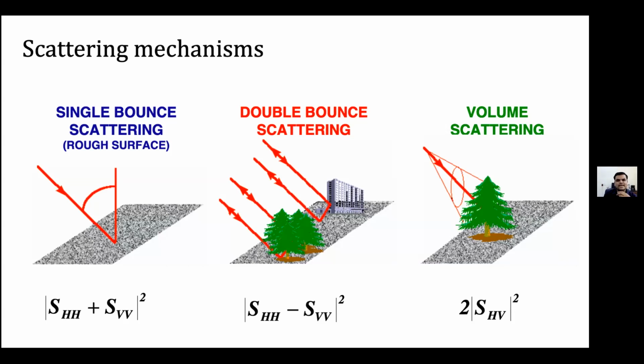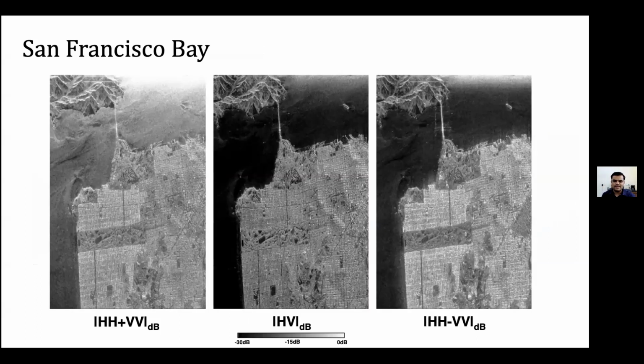That is something we characterize as double bounce scattering. And there are complicated scatterings which typically happen from vegetation. Those are volume scattering. Even if we consider just these three very broad scattering mechanisms, we can visualize them and use them to distinguish between different land covers.